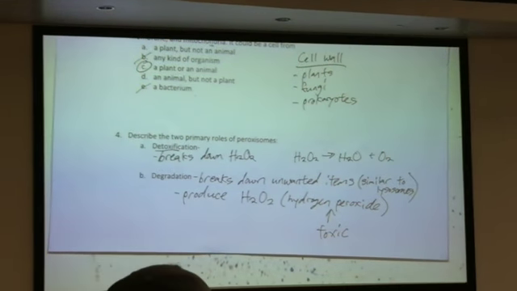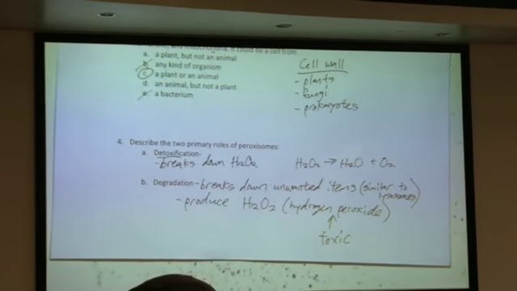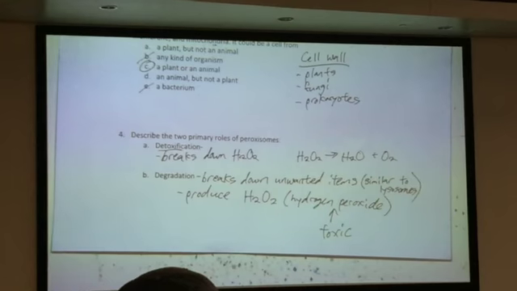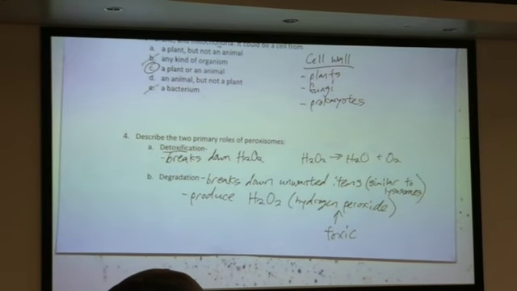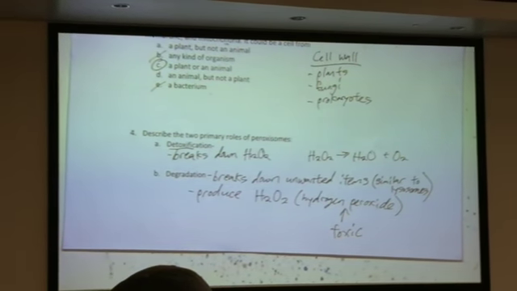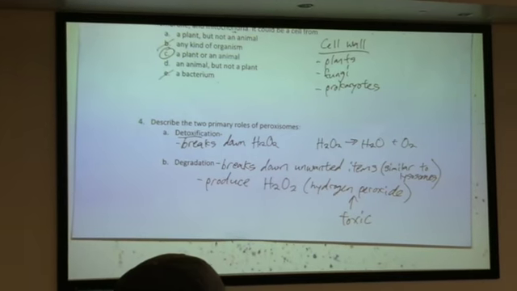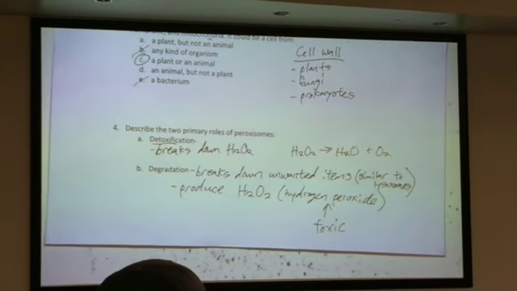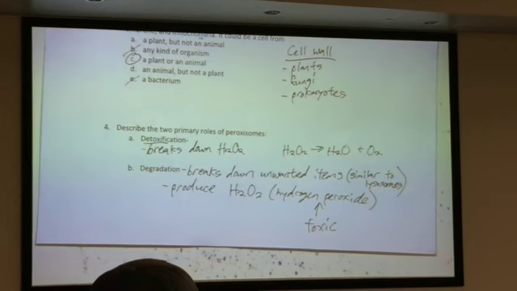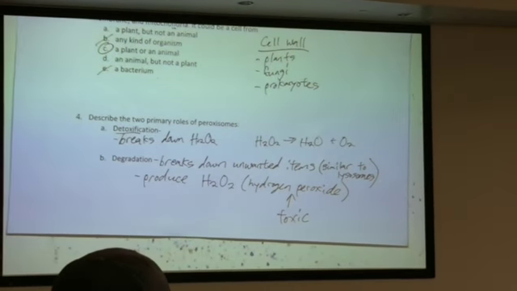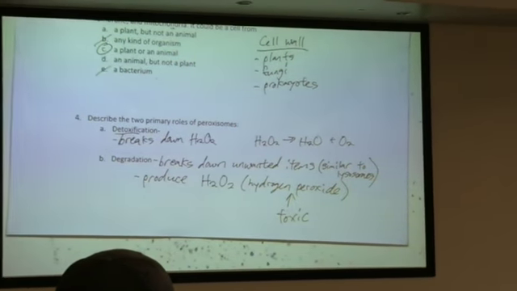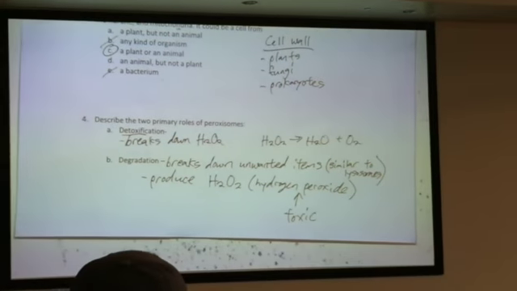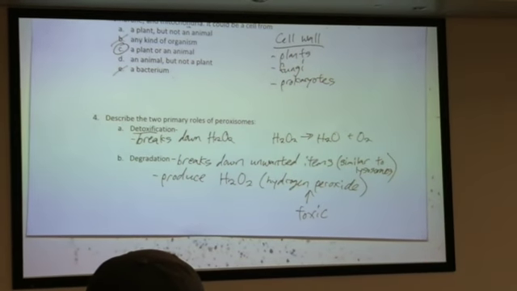Peroxisomes produce hydrogen peroxide. That's the only difference, is what they use to destroy foreign invaders. Lysosomes have their hydrolytic enzymes, but they don't have a very similar function. Well, they produce it in their attempt to destroy things, but then, in order to keep you safe, they have to break it down.